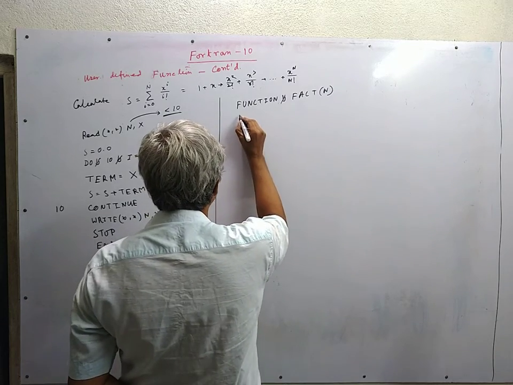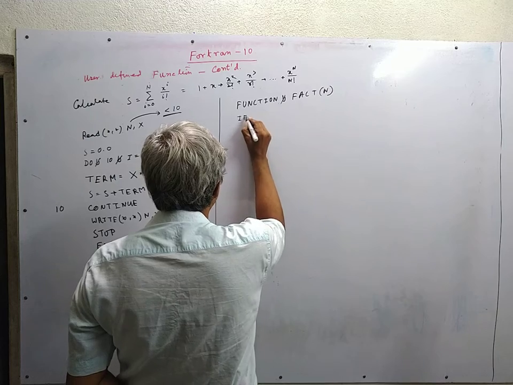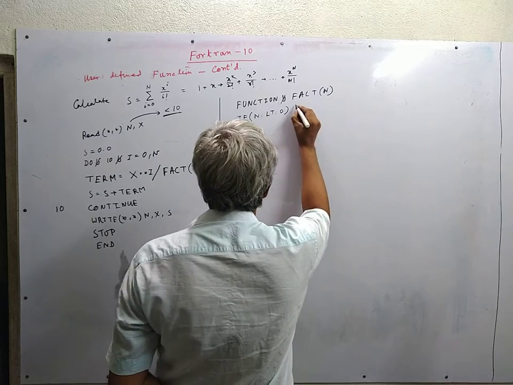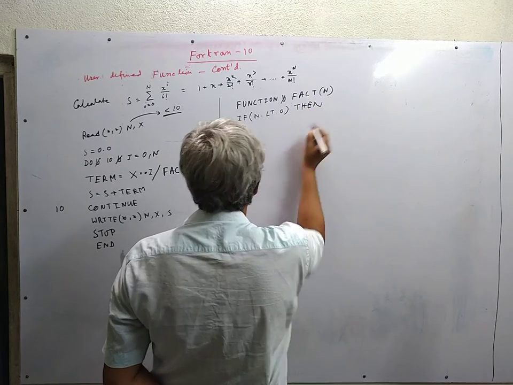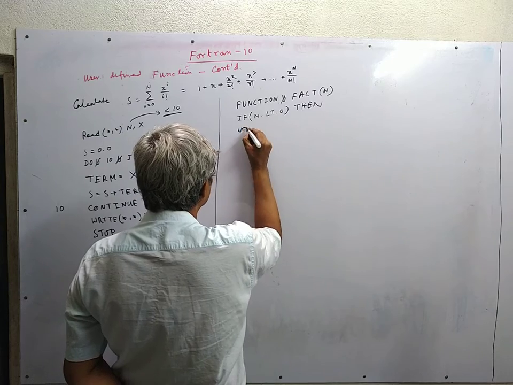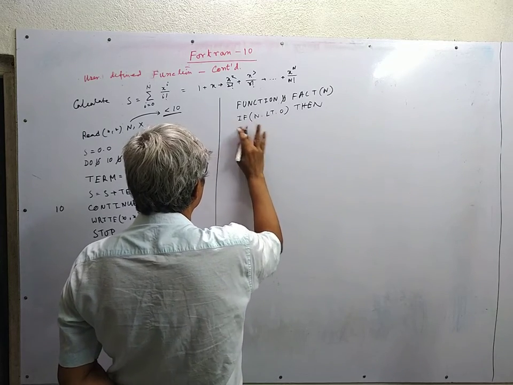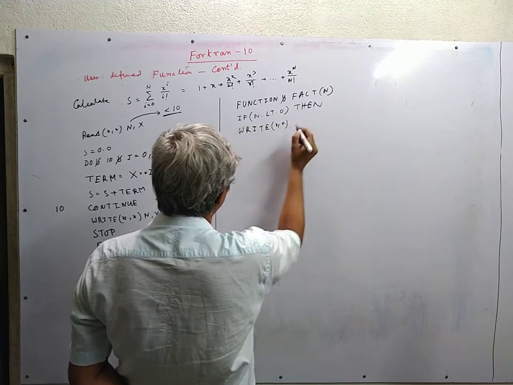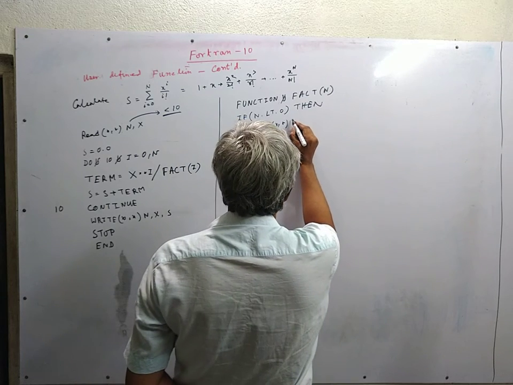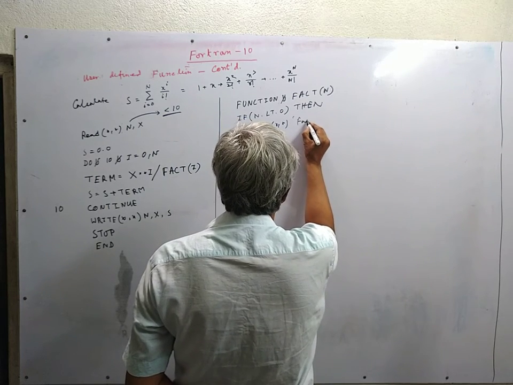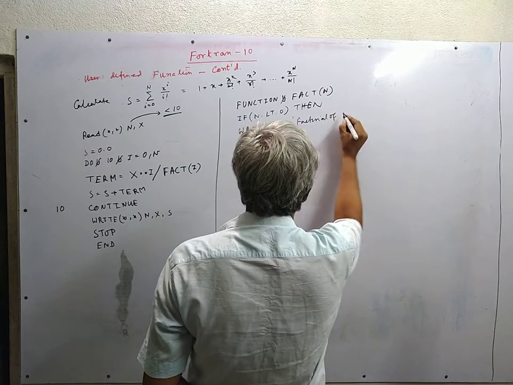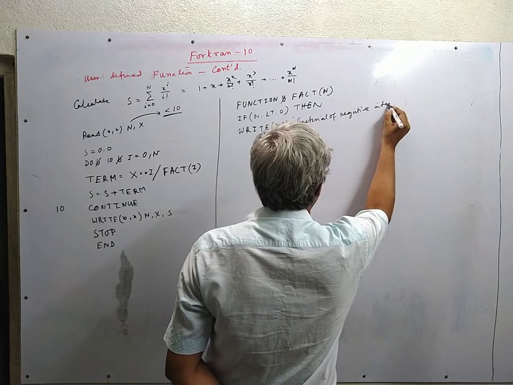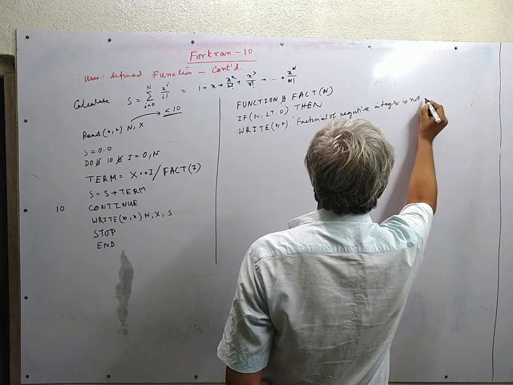So if we write this, then write that factorial of negative integer is not defined.